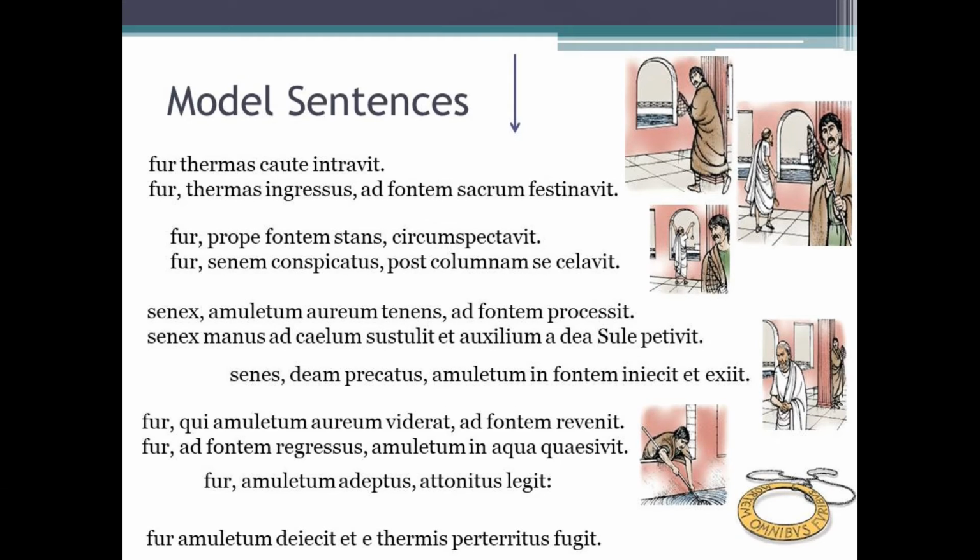Senex manus ad caelum sustulit, et auxilium a dea Sule petivit. The old man held up his hands to the sky and sought help from the goddess Sulis. Now you may not recognise the verb sustulit, and this is because it has an irregular stem, but it comes from the verb tollo, meaning to raise or lift.